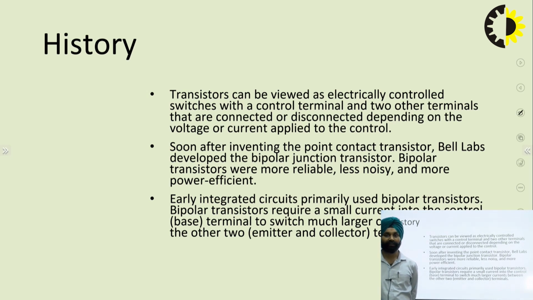The current controlling the current between the emitter and collector is the base current. This base current in the BJT is very small, so we can use a small base current to control a large current between the emitter and collector terminals.